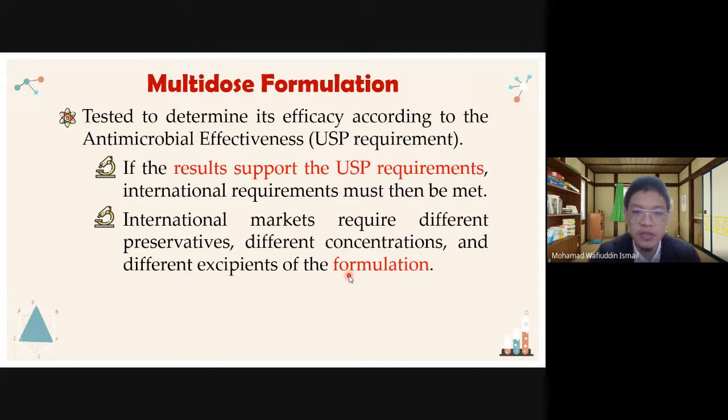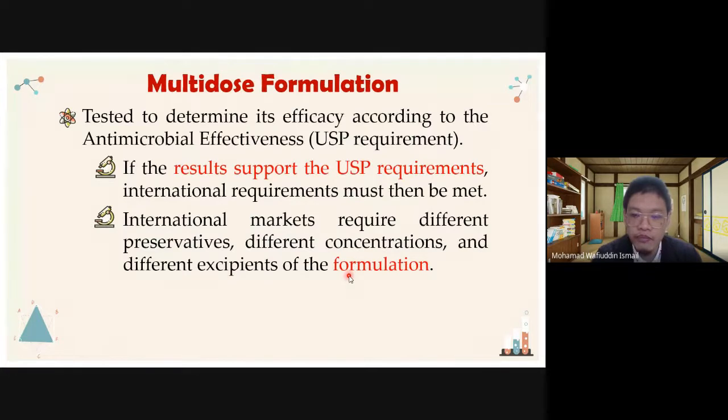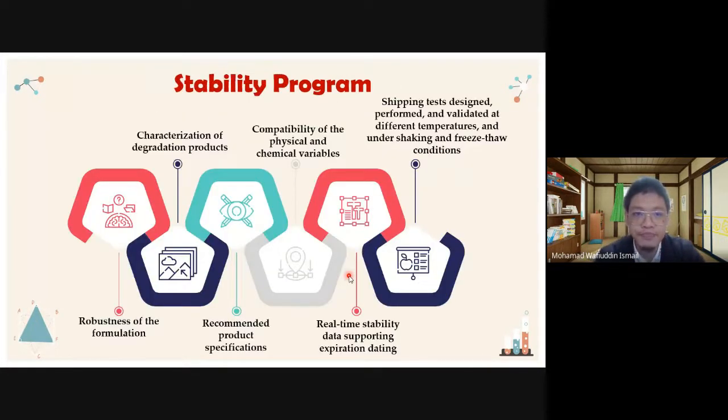If the result supports the USP requirements, international requirements must then be met. The international market requires different preservatives, different concentrations, and different excipients in the formulation. So that's why producing a multi-dose formulation takes more time compared to a single-dose formulation.